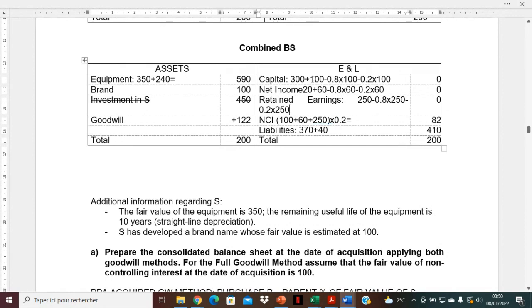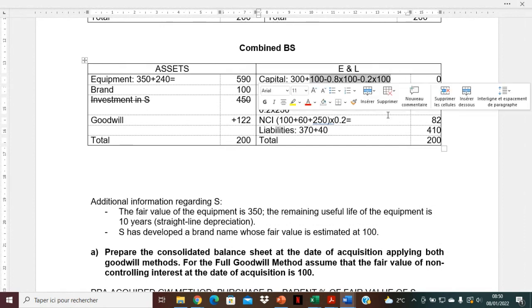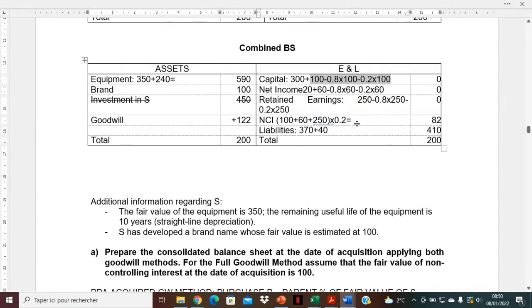So that means if I look now, the capital of the subsidiary is completely gone, has been eliminated. The acquisition profit is completely eliminated, and the retained earnings are completely eliminated, so that in the end, I have only the capital of the parent company, the profit of that, the retained earnings are 0, NCI, and so on. Okay. And therefore we are good.